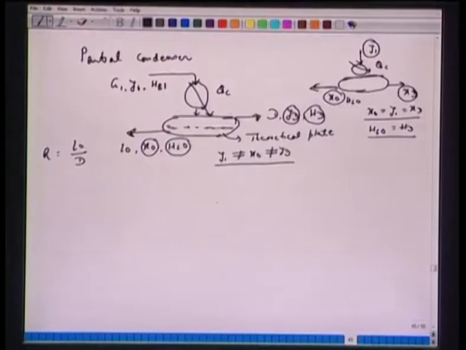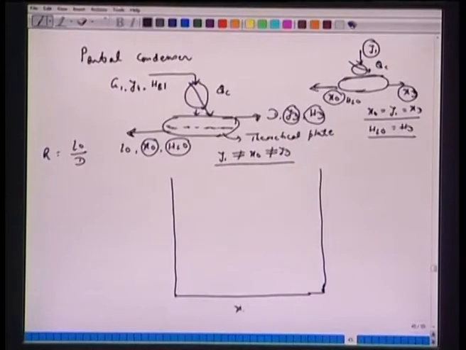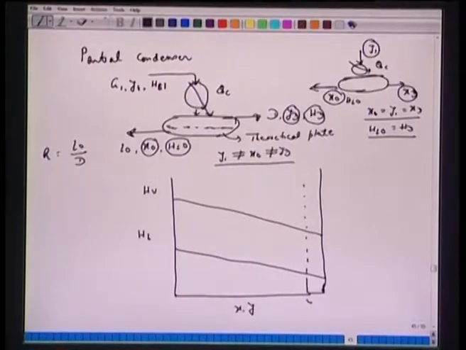Now we can plot the HXY diagram for the rectifying section with partial condenser. So, we have XY, here we have HV, the saturated vapor enthalpy, and we have HL. Let us start with YD. We have this line at the mole fraction YD.